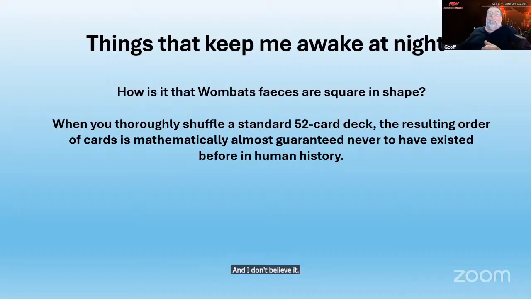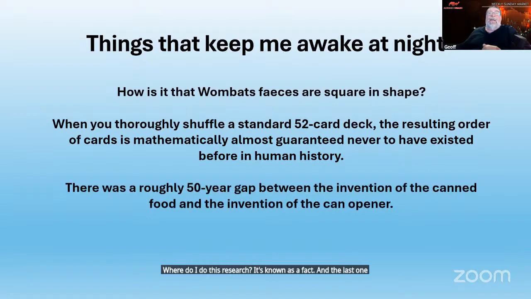But where I do this research, it's known as a fact. And the last one, there was a roughly 50-year gap between the invention of the canned food and the invention of the can opener. How can that be? Think about it. They're the things that keep me awake at night, guys.